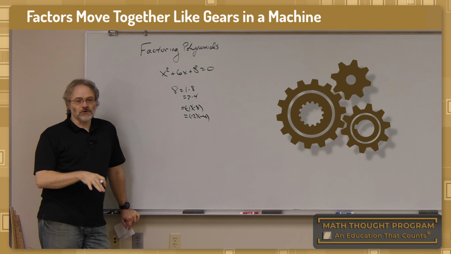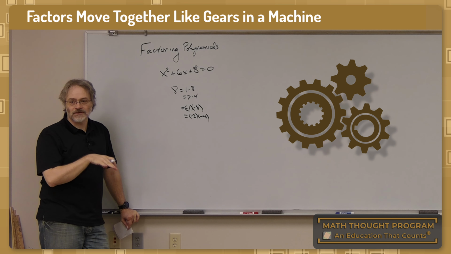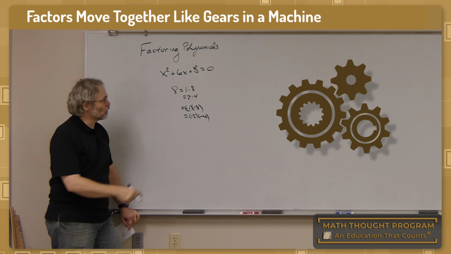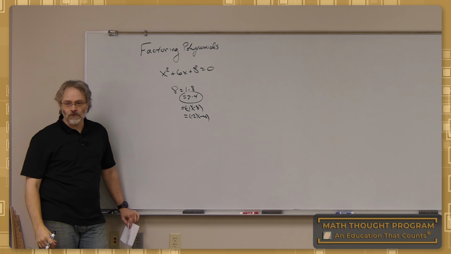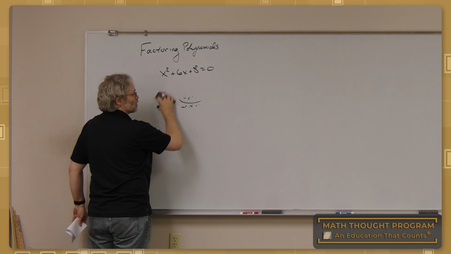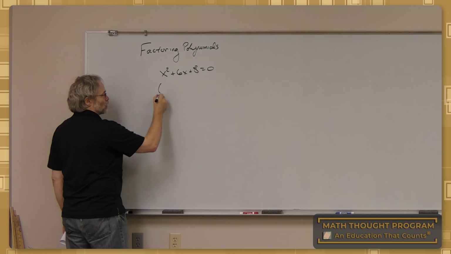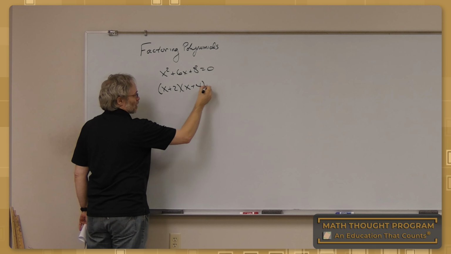Then when we look at the internal mechanism, we would see what would actually sum to the linear term, the thing right there in the middle, the value of 6, and we'd make the observation, okay, 2 and 4, that's going to work. Consequently, when we factor the quadratic, it will be x plus 2, x plus 4.